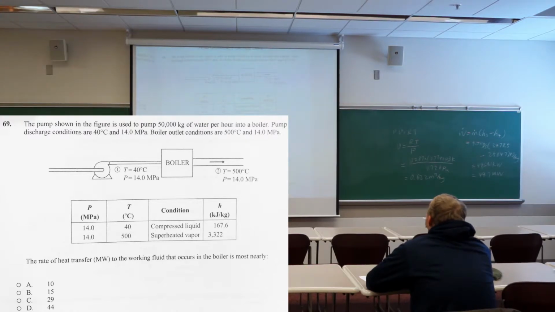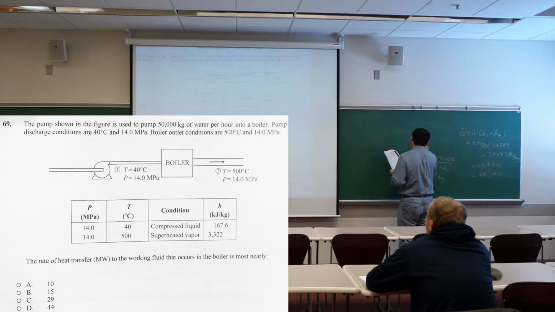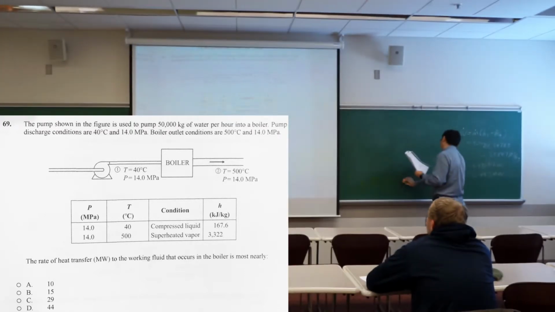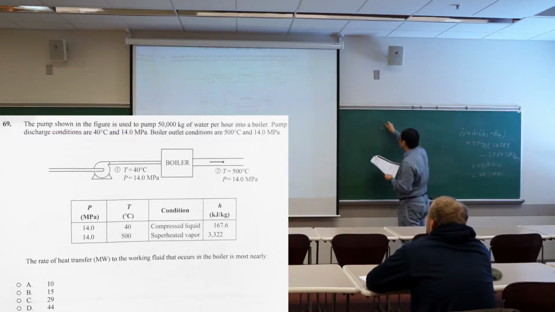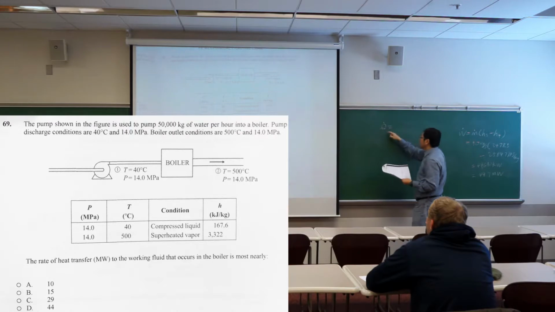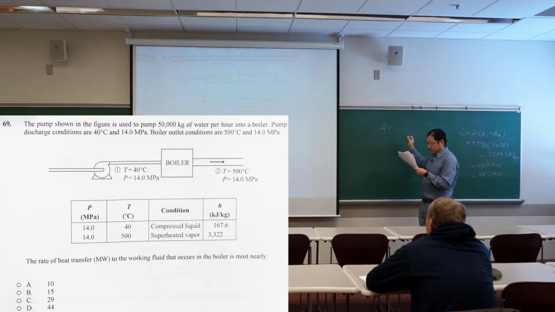So it's asking what happened in the boiler, right? So for the boiler, you first write the equation, the energy conservation equation. And if you do not remember this equation, you can also find it from the handbook. They talk about, for the open system, what the energy conservation equation is.